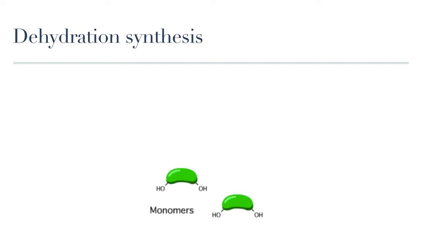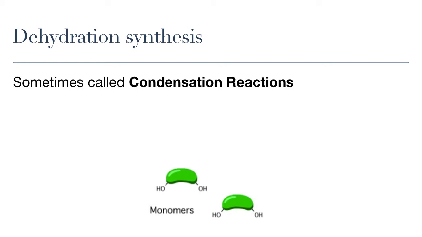And the process of polymerization happens via a type of chemical reaction called dehydration synthesis, although some texts would actually call them condensation reactions. And the name of the reaction gives us a couple of clues. Let's look first at the dehydration part of the name. When you dehydrate something, you are removing its water.